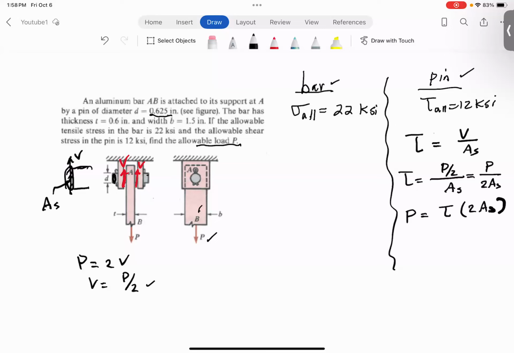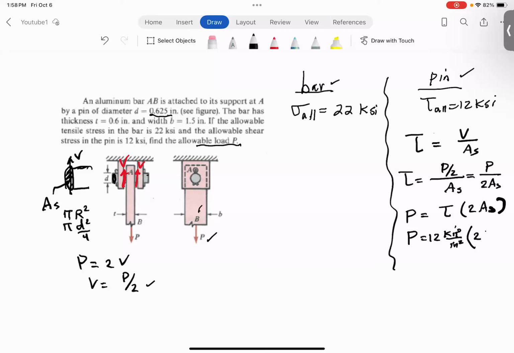Now, tau, remember, tau is given, right? Tau is given to be 12 KSI, and there's no need to, by the way, change the unit. So KSI, remember, is kip per inch squared, and 2 times the area. Area of the pin is the area of the circle here, which is pi r squared or pi diameter squared over 4, right?